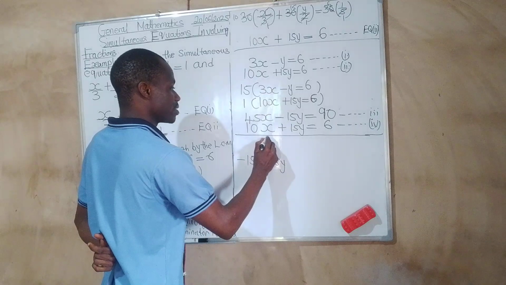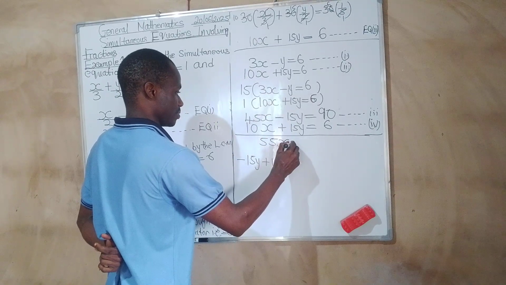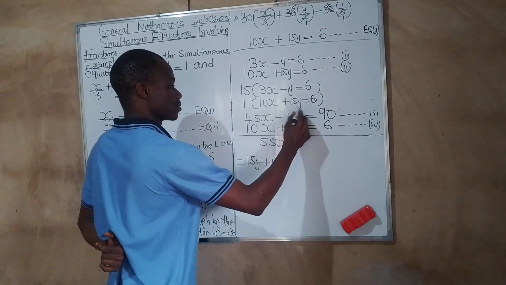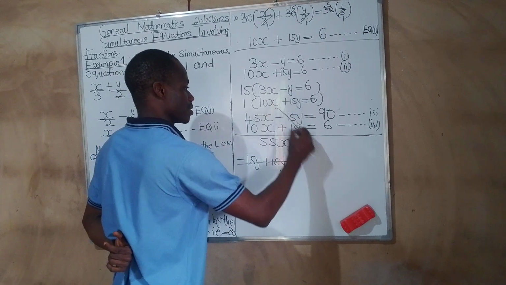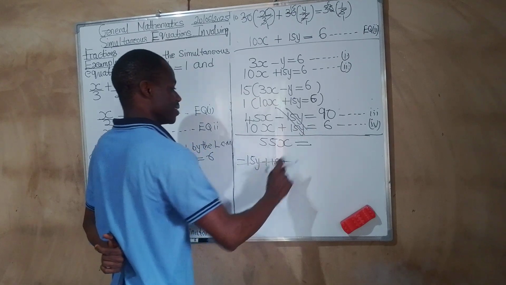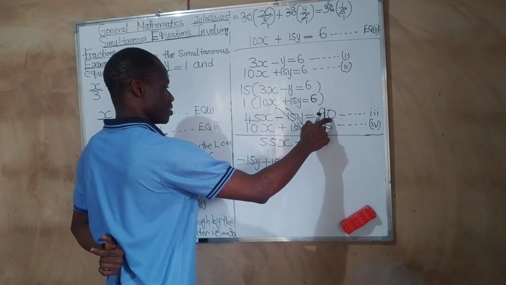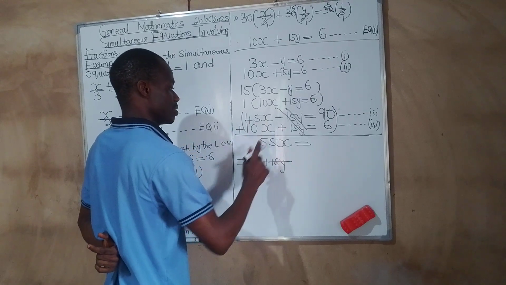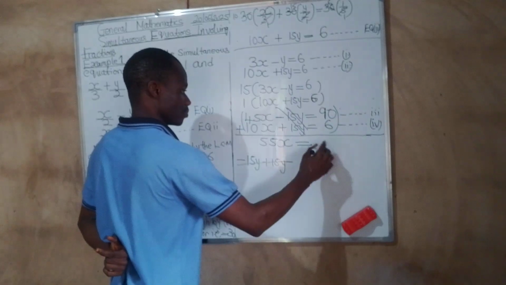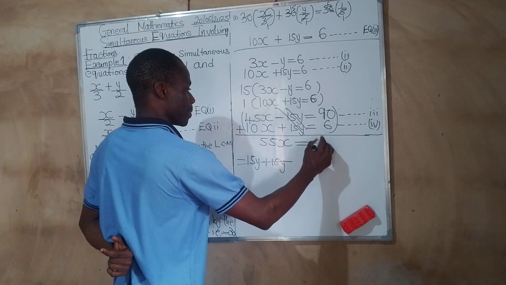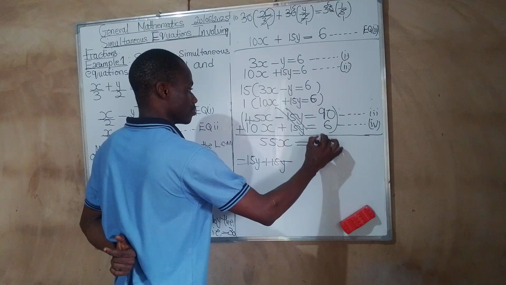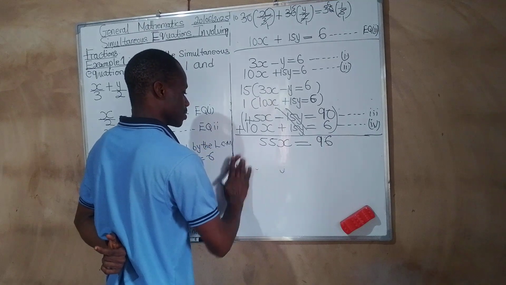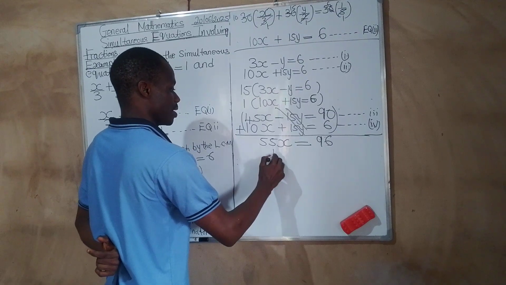So this one is 55x, and the y terms give us 0. Remember, on the other side we are adding too. Please don't forget, we said 90 plus 6. 90 plus 6 gives us 96.